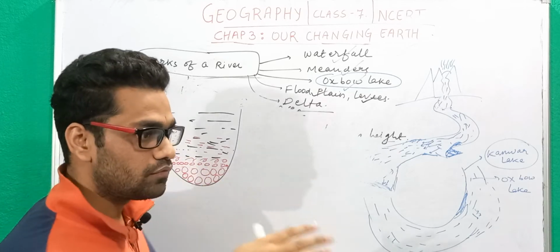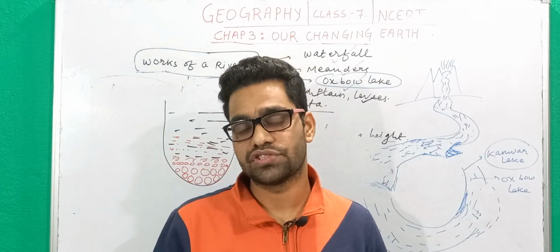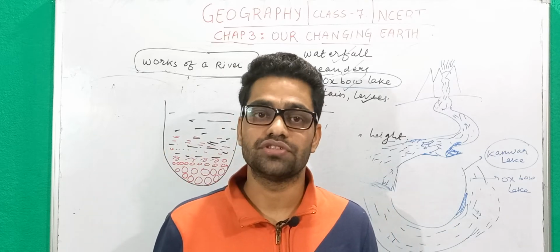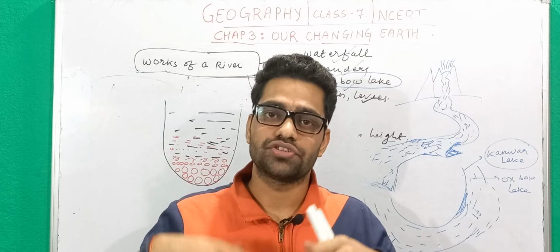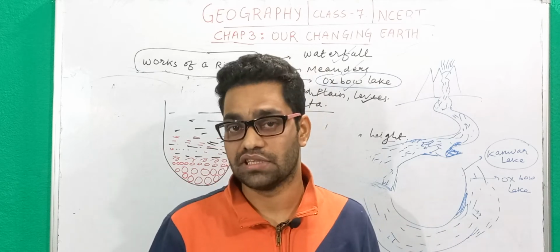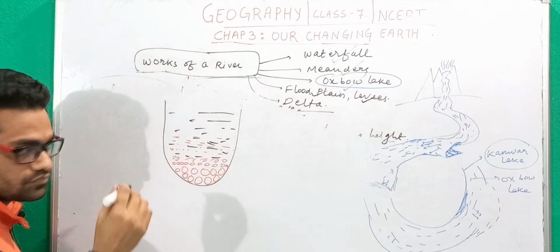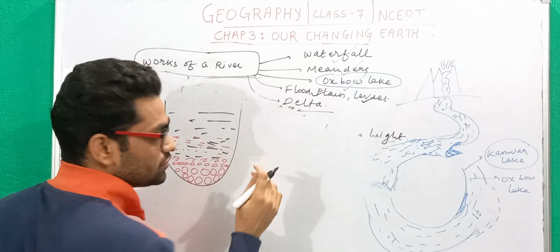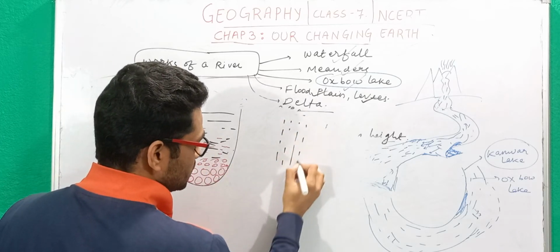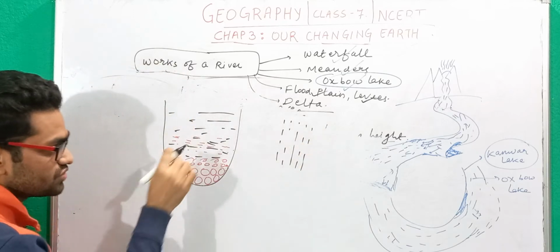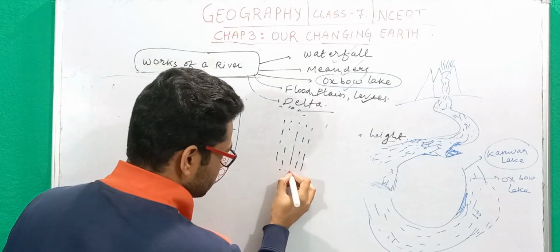When the speed of the flow of the river gets reduced so much that the river is not able to flow beyond, or is just about to submit its water to the ocean, in that situation you will find that the smaller particles or sediments will accumulate at the mouth of the river. So suppose this is the river that was flowing, and these smaller fragments will get accumulated at the mouth of the river.